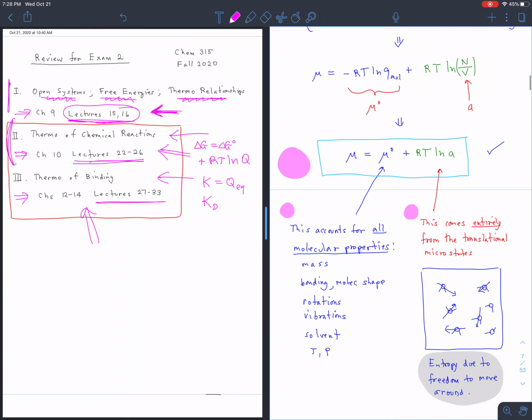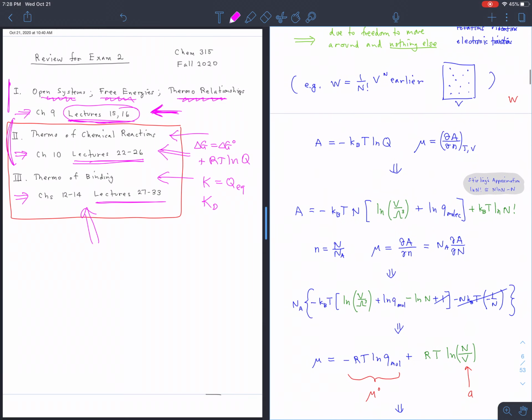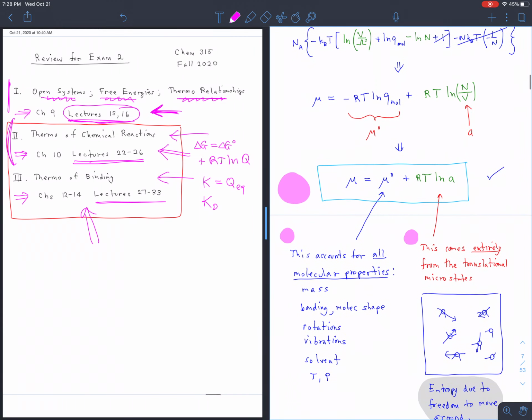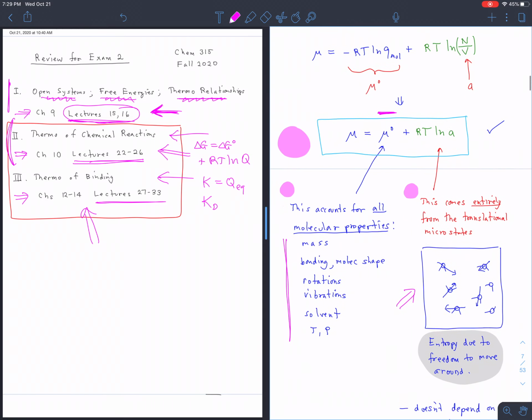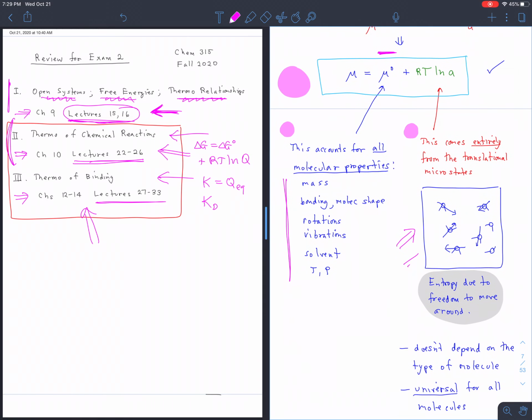And the conclusion that it comes from, by doing this derivation, we can see very clearly that this standard state chemical potential accounts for all the molecular properties except changes during the course of reaction that are caused by changes in the number of translational microstates available to the system. So if the final system has more freedom to move around, then this term comes in.